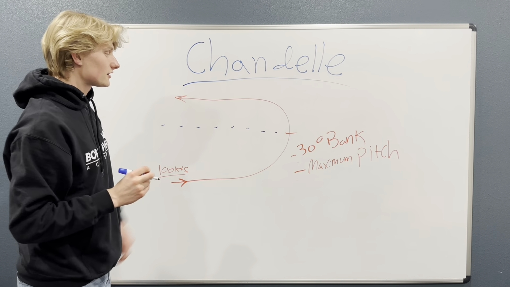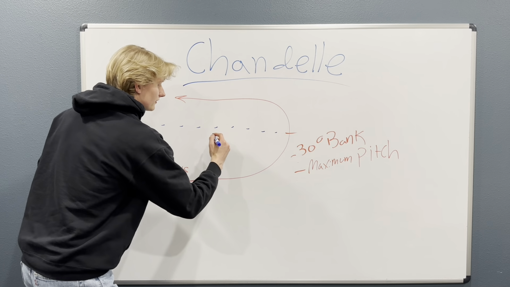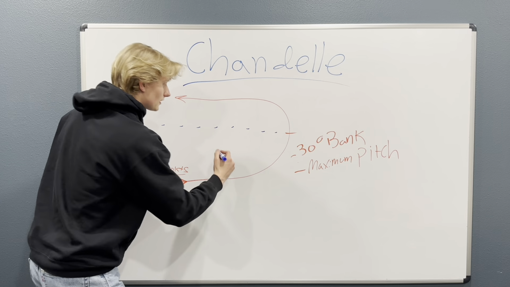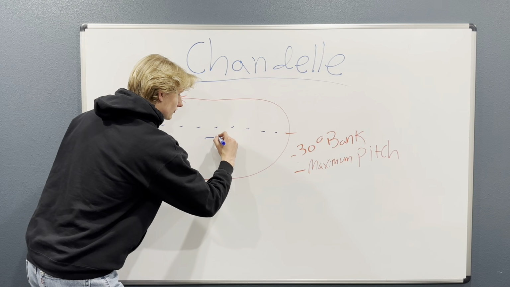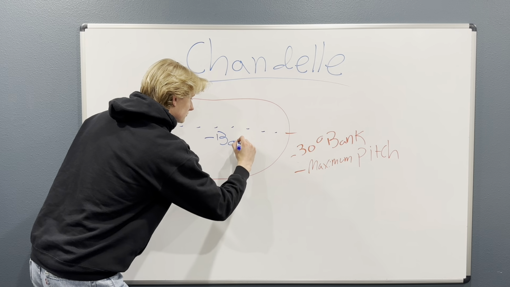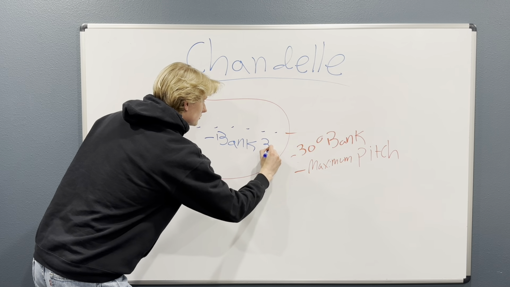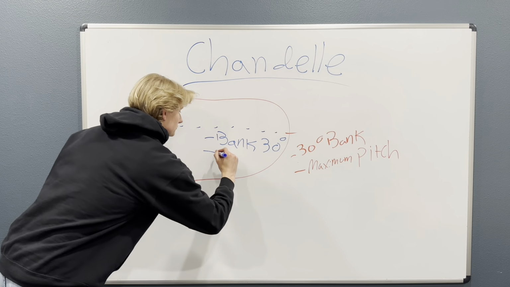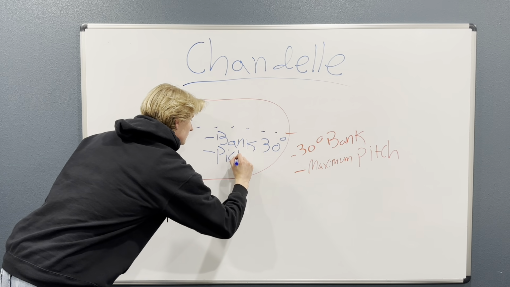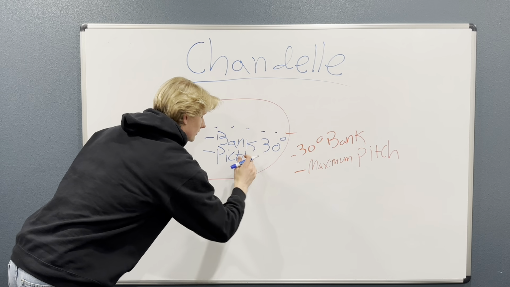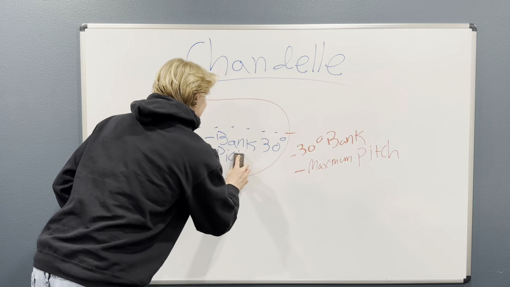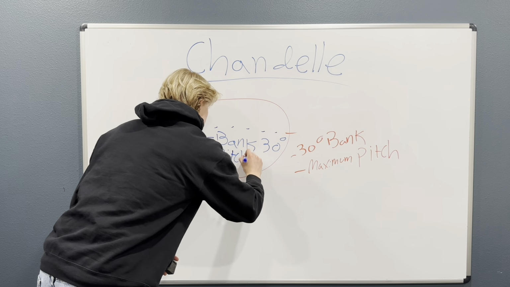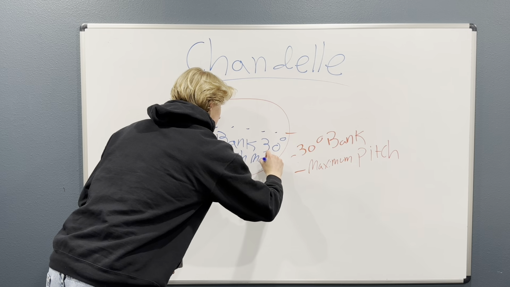So for this first 90-degree turn, we want to have a constant bank and a changing pitch. So we want to first bank 30 degrees, bank 30, and then we want to pitch. Oh wait, I spelled pitch wrong. Whoops. We want to pitch the maximum that we can.